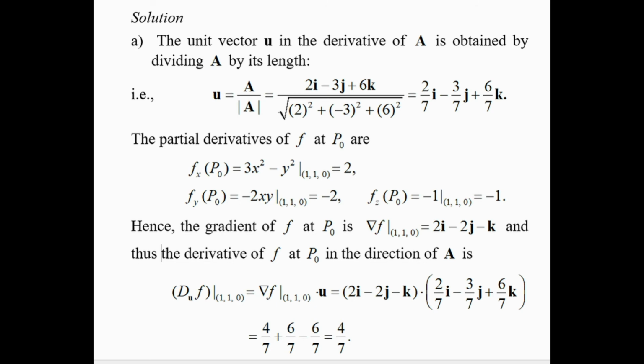So the gradient of f at the point p naught is 2i minus 2j minus k, and so the directional derivative of f at the point p naught in the direction of the vector a is the dot product of 2i minus 2j minus k and 2/7 i minus 3/7 j plus 6/7 k, which gives the value 4/7.